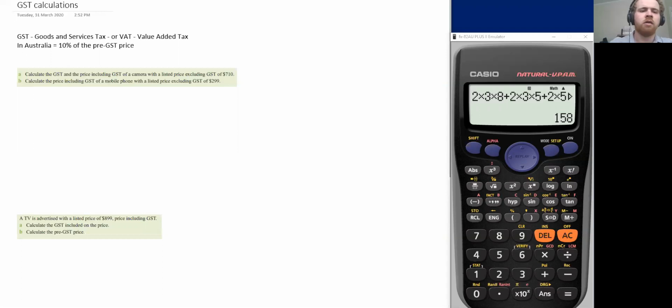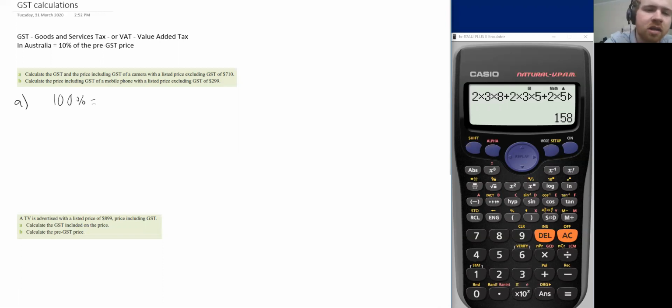For part A, in this first question, we need to calculate the GST and the price including GST of a camera with a listed price excluding GST of $710. I think the clearest way to go about this is we can say 100% is going to equal this price excluding GST, or the pre-GST price.